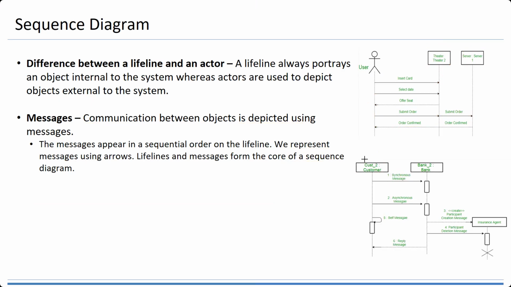For example, the customer wants to connect to the bank system. The customer will send a message that he or she requires something. And then the bank will open the system for some time, and the customer can do things during this session.